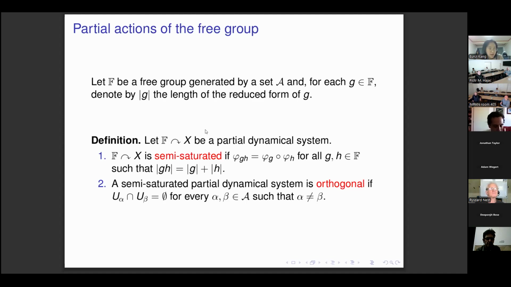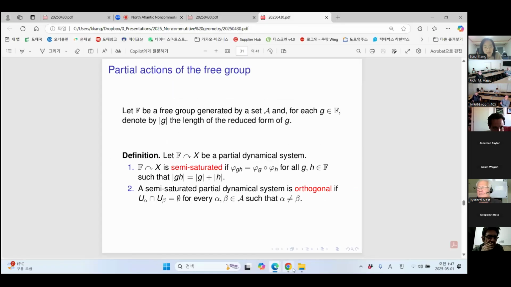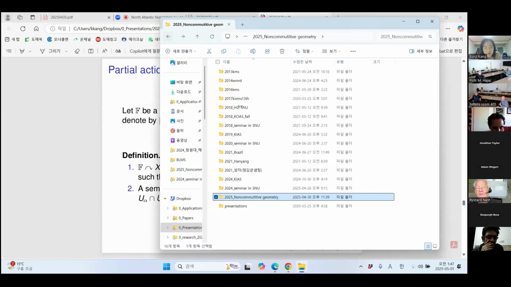Actually, I have an example related with generalized Boolean dynamical systems, which is a generalized notion of a graph. But anyway, you can write on the iPad, right? You have the iPad connected. I can show you some.